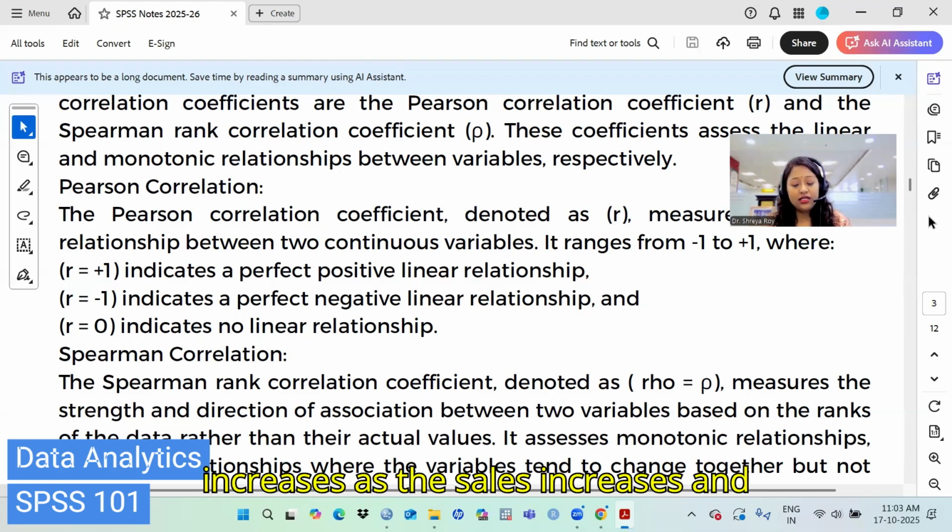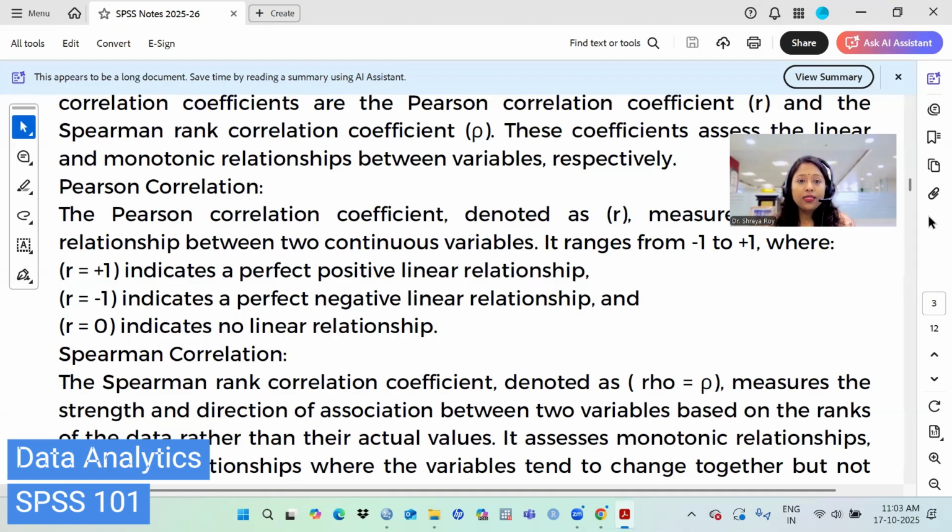And if one increases, let's say sales increases and there is no change in the profit, we say there is no relation. So basically, correlation analysis tells you the relationship between two variables and which direction it is moving, how one is affecting the other. Okay. That being said, let's understand Pearson correlation.